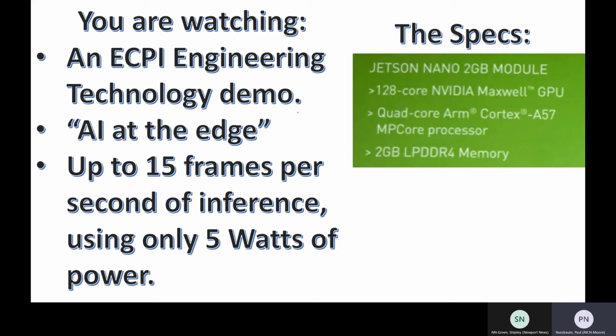So right now I'll show you a video of an ECPI engineering technology demo, and we're getting about 15 frames per second of inference, and we're only using 5 watts of power. So it's very important to be very fast and also very, very low power, because these are intended for mobile devices.